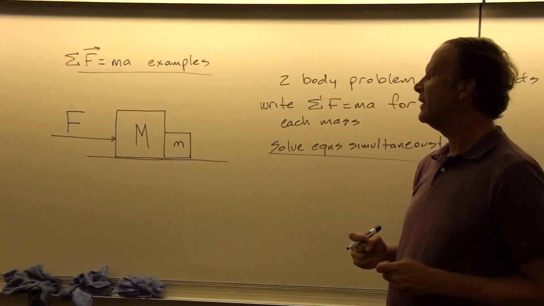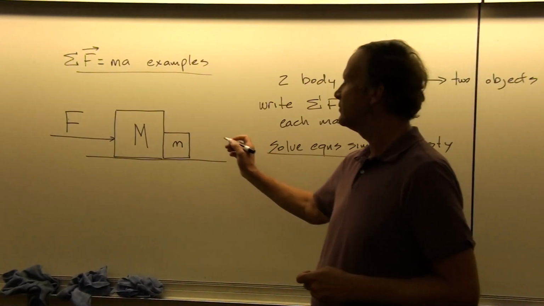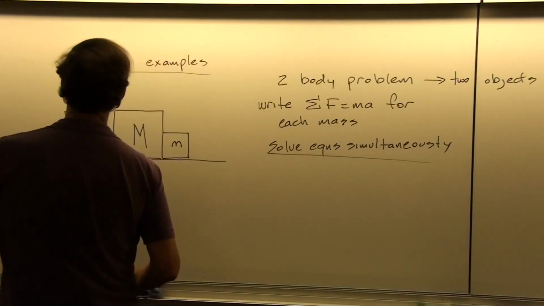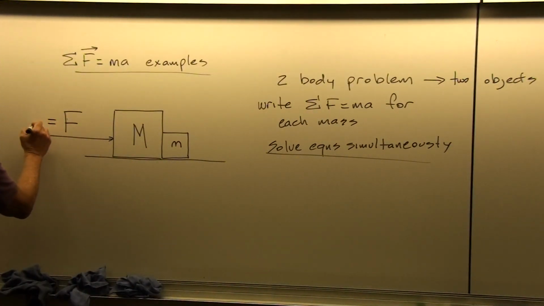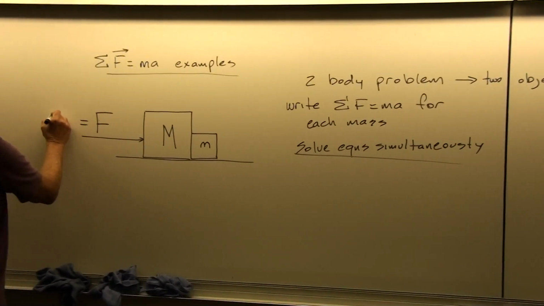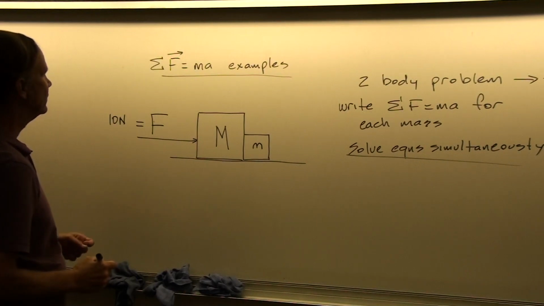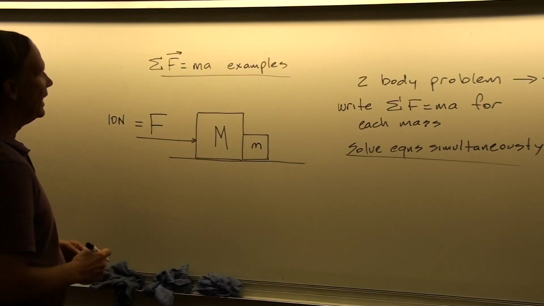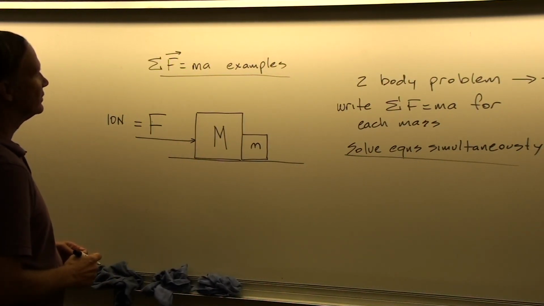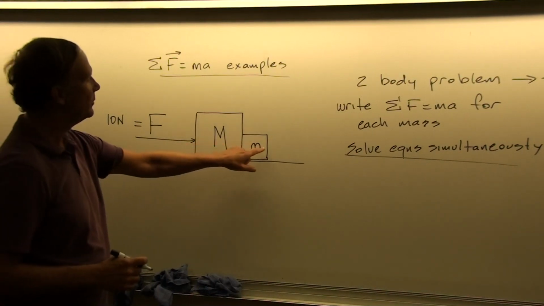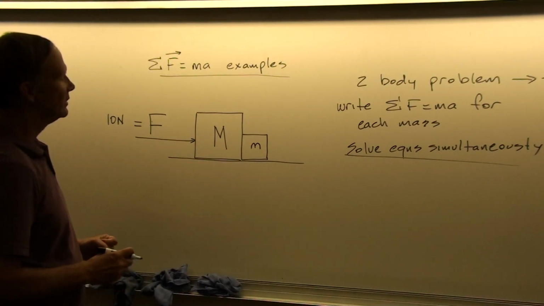And so in a two-body problem, like this one here, we might have a force acting from the left. Let's say that this force is a 10 Newton applied force onto these two masses which are in direct physical contact. So they are coupled together because of their direct physical contact.